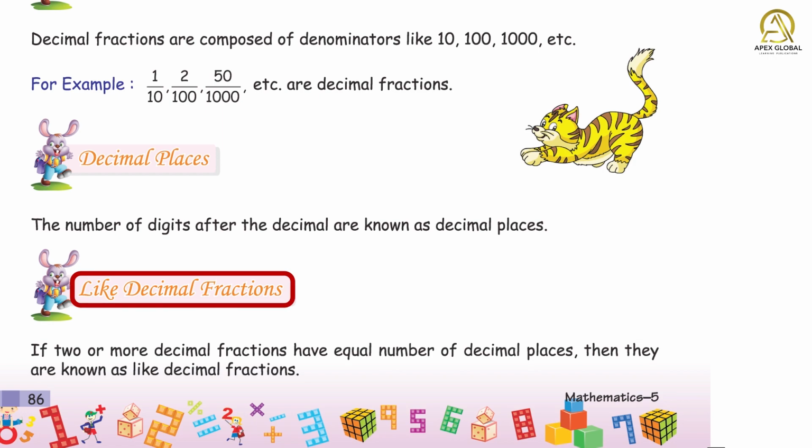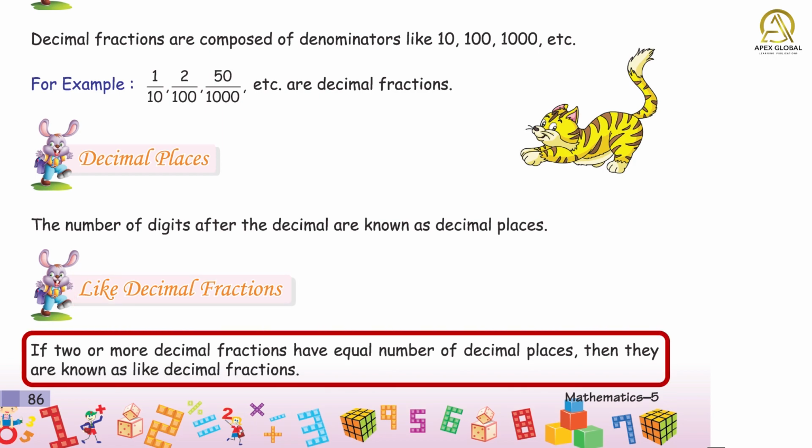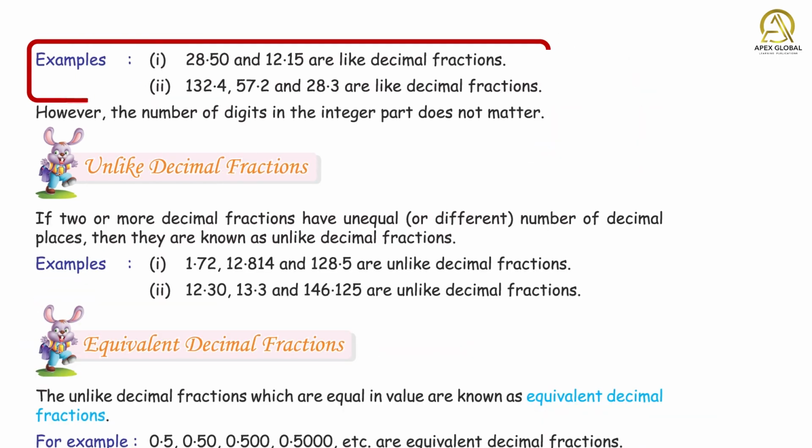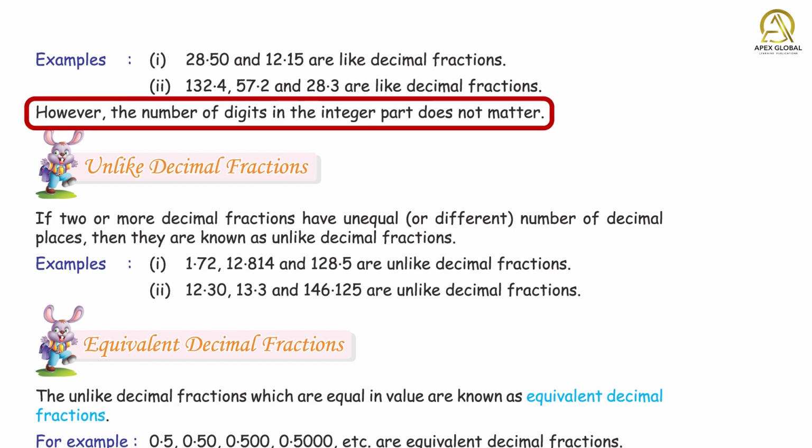Like decimal fractions: if two or more decimal fractions have an equal number of decimal places, they are known as like decimal fractions. Example 1: 28.50 and 12.15 are like decimal fractions. Example 2: 132.4, 57.2 and 28.3 are like decimal fractions. However, the number of digits in the integer part does not matter.